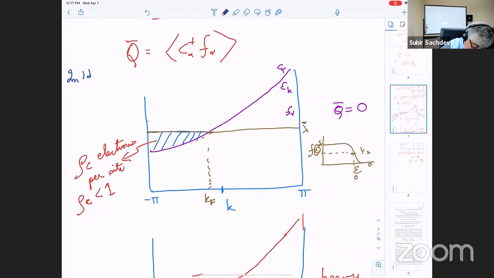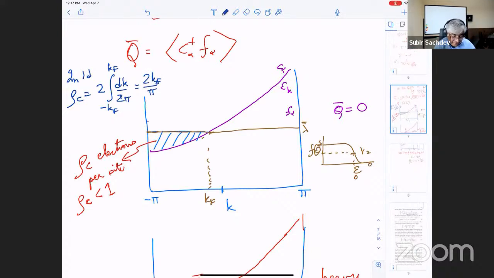So in 1D, rho c, the total number of electrons, is basically the integral, with 2 for a factor of spin, let's say the momentum is around 0, from minus k_F to k_F, dk over 2 pi. And that gives me 2 k_F over pi. So there's a very direct relation between the Fermi wave vector and the density.